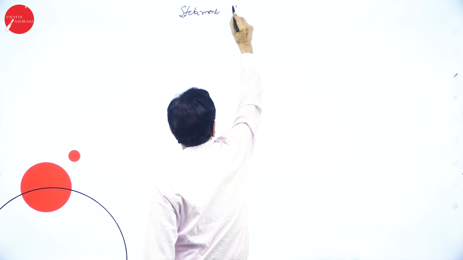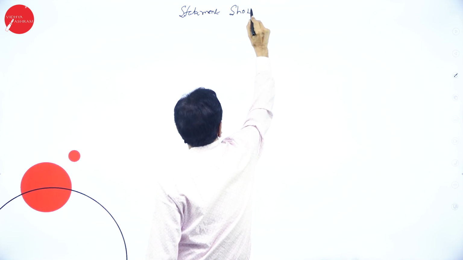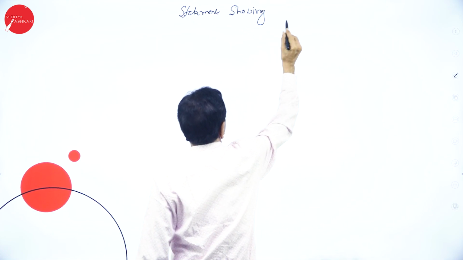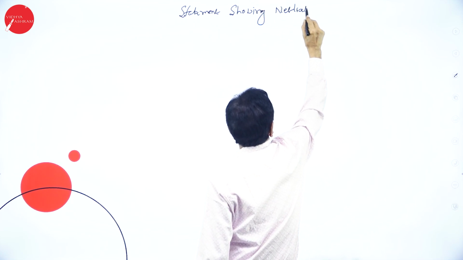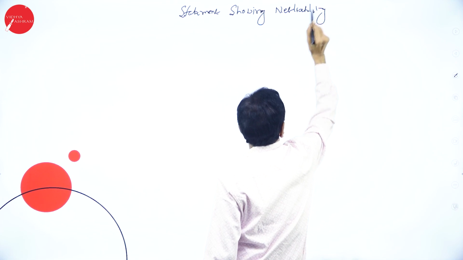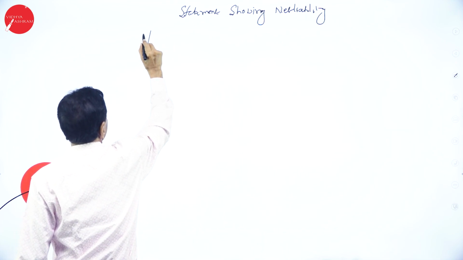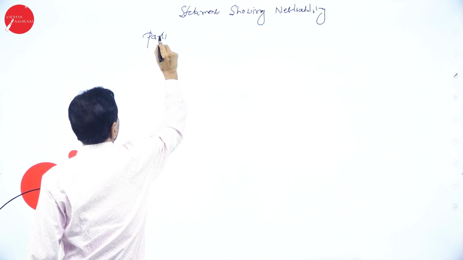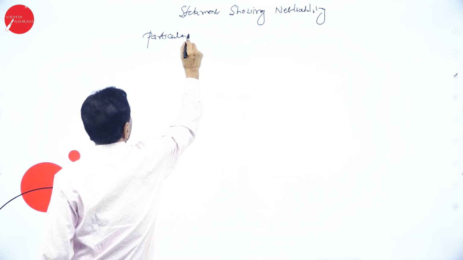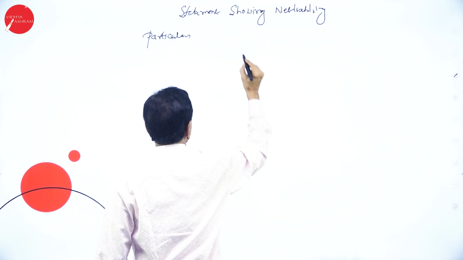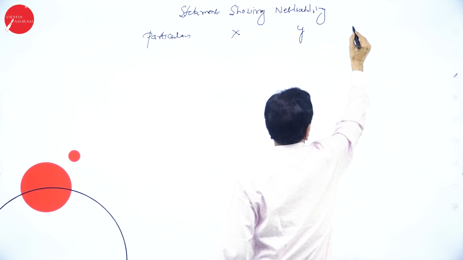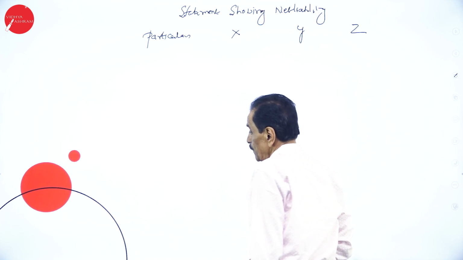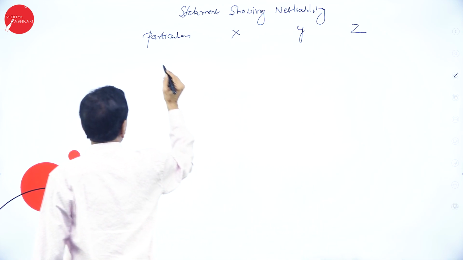Statement showing net liability. Particulars. Who are the underwriters? X, Y, Z. How many shares issued?